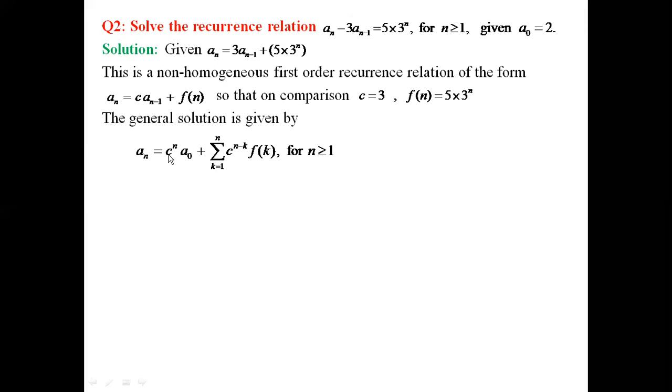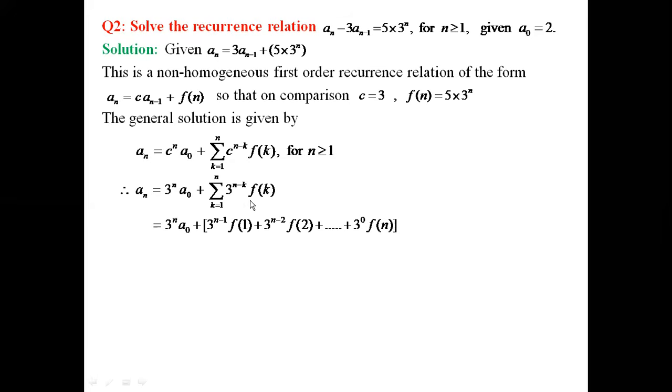Now we will substitute the value of c and we can also substitute the value of f of k. F of n is known to us, so in the same manner we will be able to substitute for f of k. So c value is 3 power n, a_0 as it is, I have retained. Later we will substitute the value for a_0 as 2, 3 power n minus k into f of k.